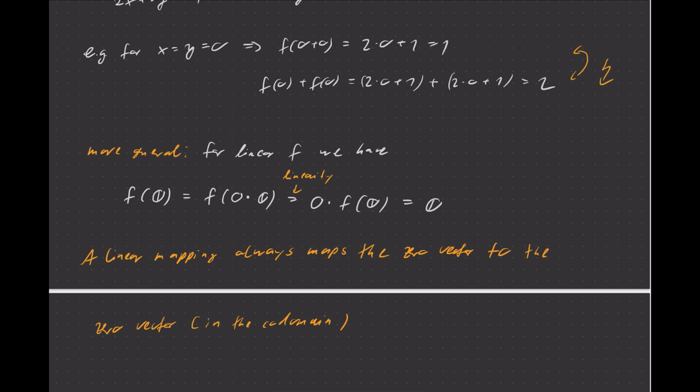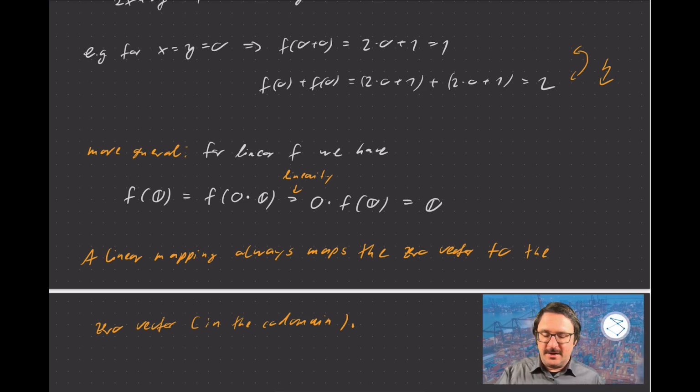They are both 0 vectors of their respective vector spaces, but of course the vector spaces may be different. So the one vector space may be like R to the 3, and the other may be R to the 5, and then you have the 0 vector 0, 0, 0 in the domain, and in the codomain the 0 vector is 0, 0, 0, 0, 0. So it's not formally the same vector, but a linear mapping always maps the 0 vector of the domain to the 0 vector of the codomain.